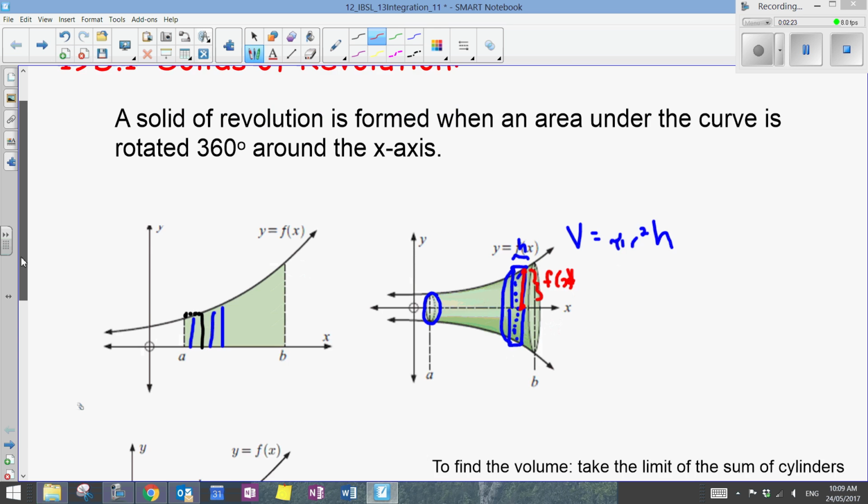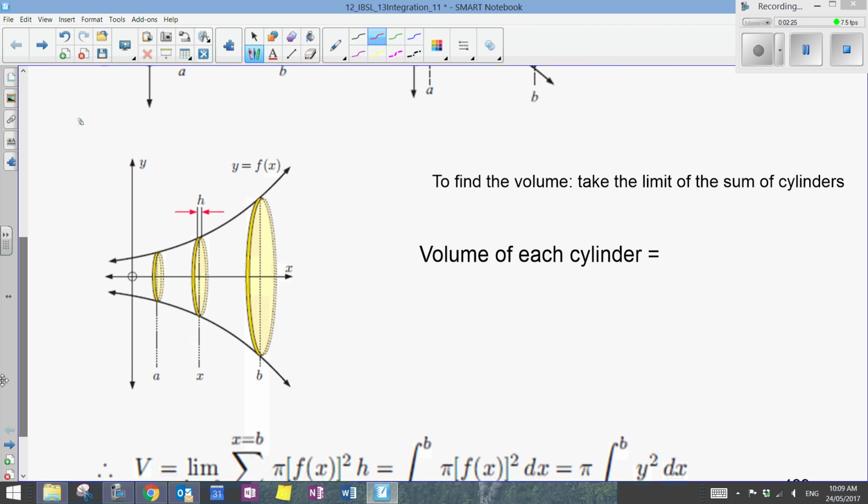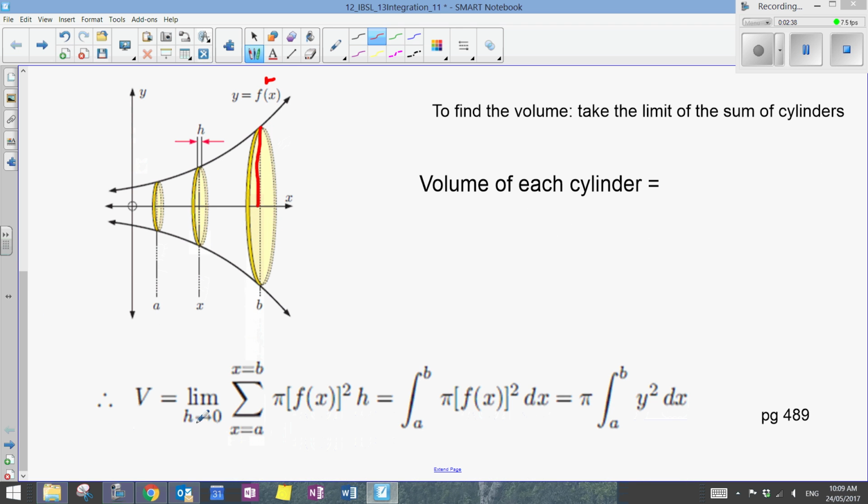So if we piece those together, your height is the width of these cylinders, and your f of x is going to be your radius. If we take infinitely smaller cylinders, we take the limit as h, that height, goes towards 0, of pi r squared multiplied by h.